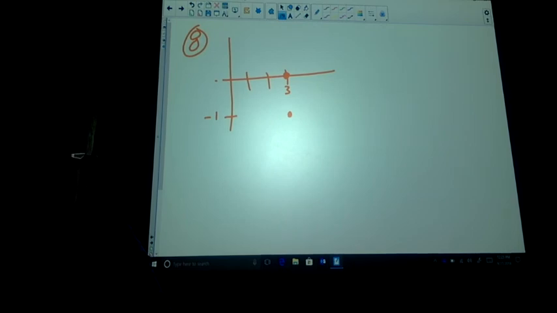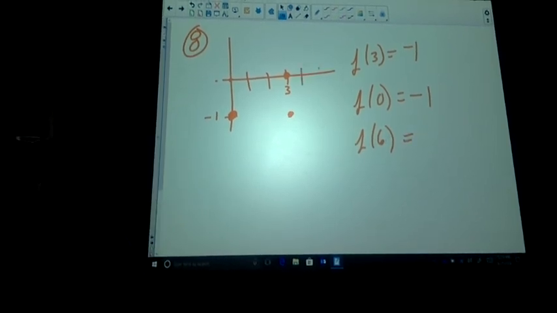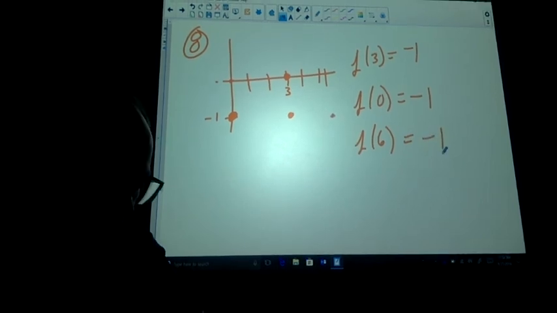So what is this point right here? -1. So f at 3 yields me -1 as a point. And then f at 0, I gotta look back at our graph. F at 0, so right here, the graph is back down here again. So what does f at 0 give us? It's right here again. -1. And then f at 6, 6 is way out here, so 4, 5, 6, and then that's down there again, so it's -1. So all those are all -1.